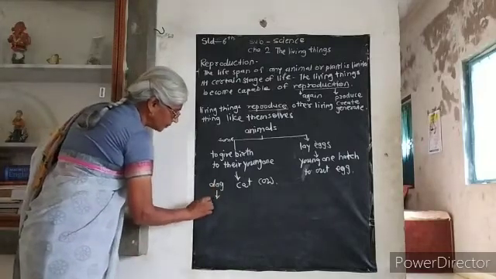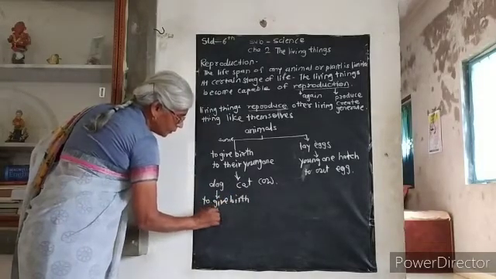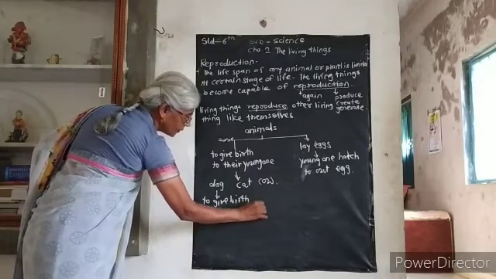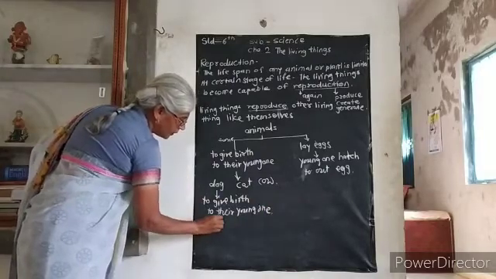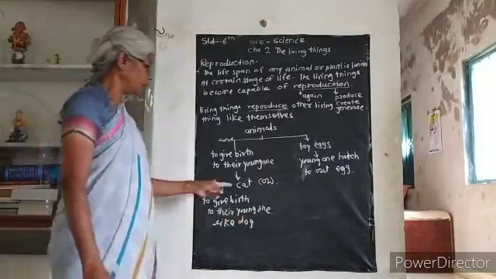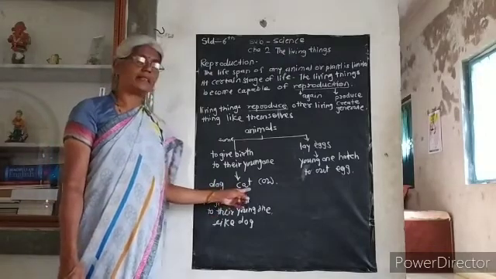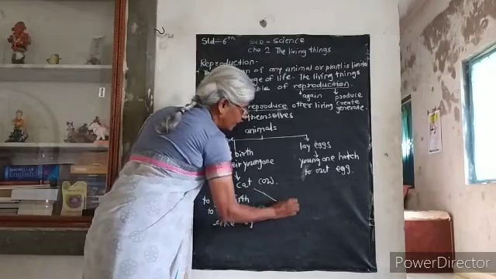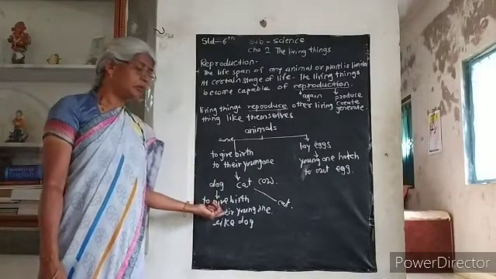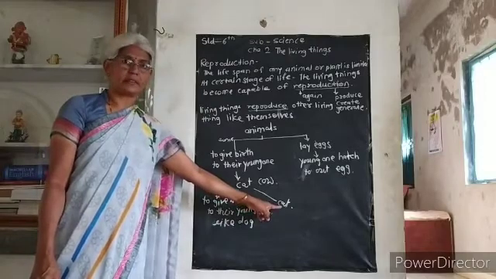The dog gives birth to its young one, which is like a dog. Also, the cat gives birth to its young one like a cat. Means the dog gives birth to a young one like a dog and not like a young cat.